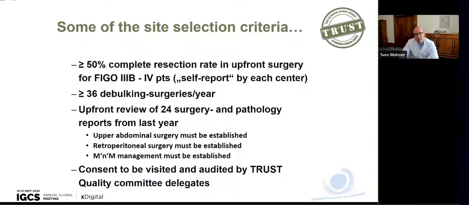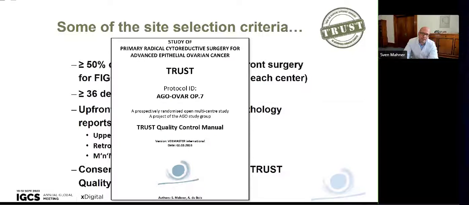So we wanted to select, on the one hand, as many patients as possible and the most representative patient population we could get, and on the other hand, have only high volume, high quality centers, and did actually quite an extensive quality assurance program. And this was the hard part, both for the centers to participate, and also for the quality control, quality assurance program during the study.